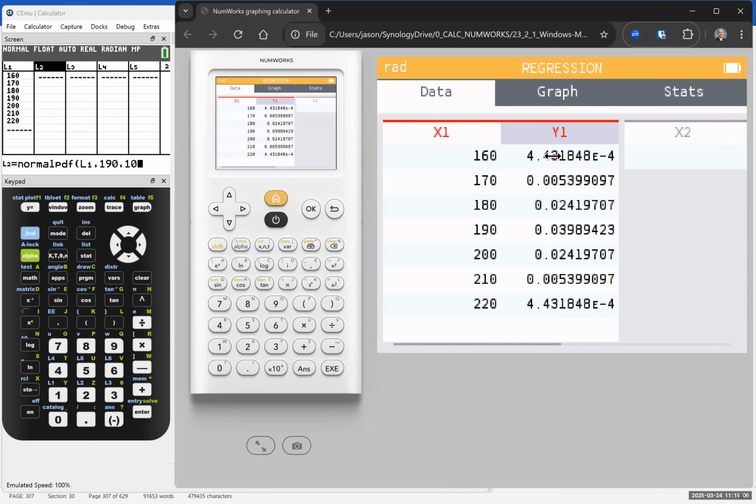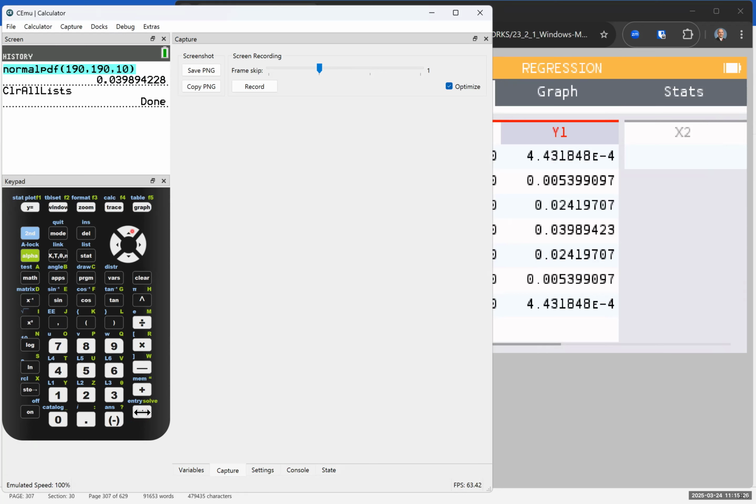Now, there's a reason why I wanted to do this, and so I'm disappointed I couldn't do it on the Texas Instruments, but let me show you how to do a bunch of these calculations on the Texas Instruments. So let me quit out. I can just come up here to this normal PDF function I used earlier, hit enter, and change this to 200, and then hit enter.